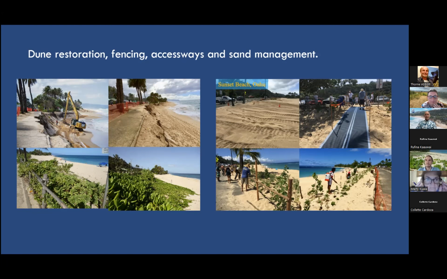One of the key elements here, because there was such a large drop off, was sand pushing, employed by the city to bring the sand further down on the beach profile back up and reshape a dune, what would have been the more natural shape of the dune, and at least bring it up to level with that walkway elevation so that there wasn't a big drop off.